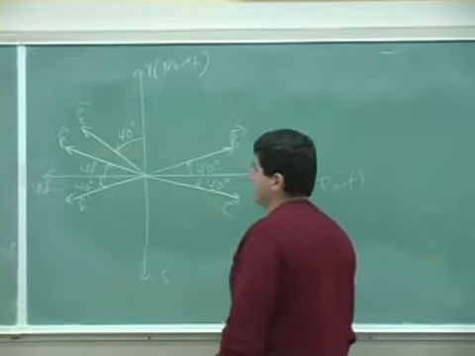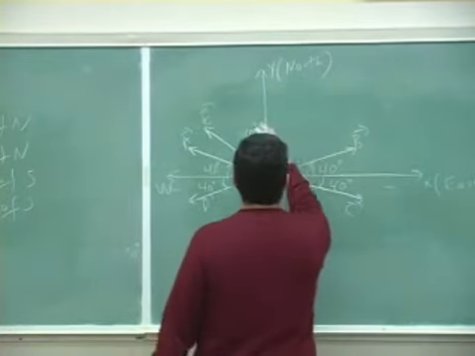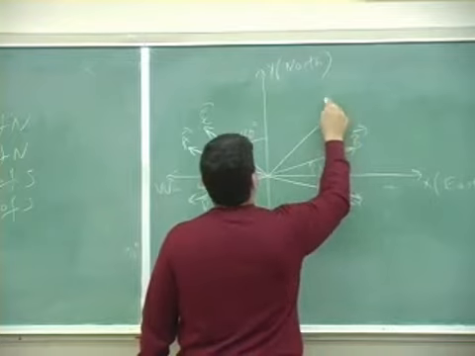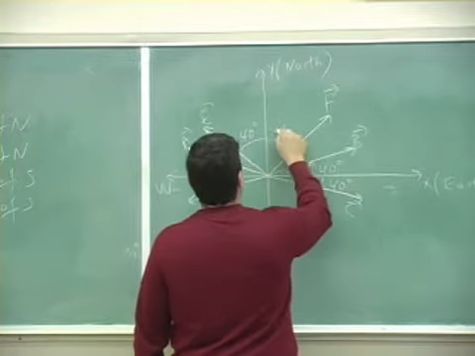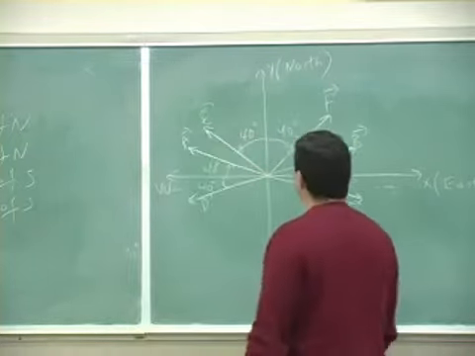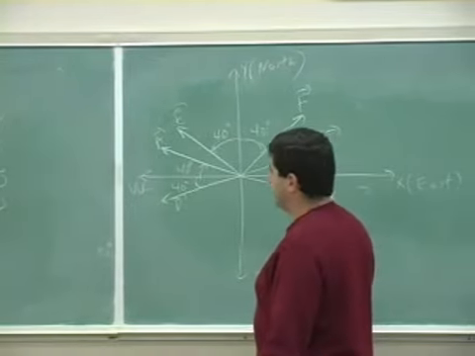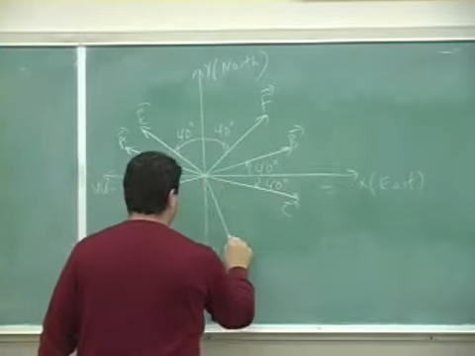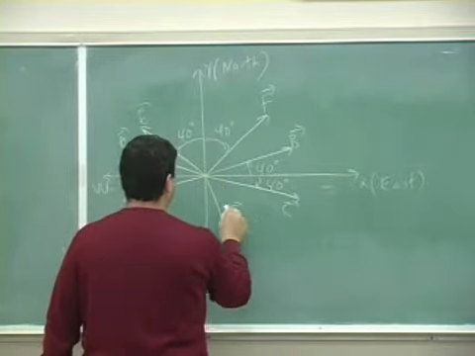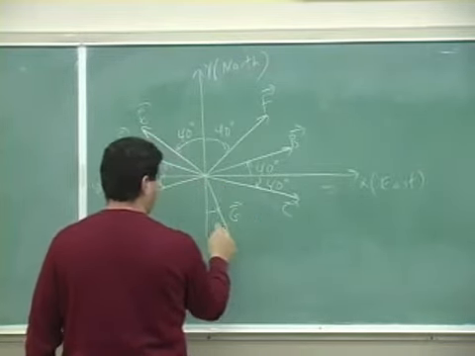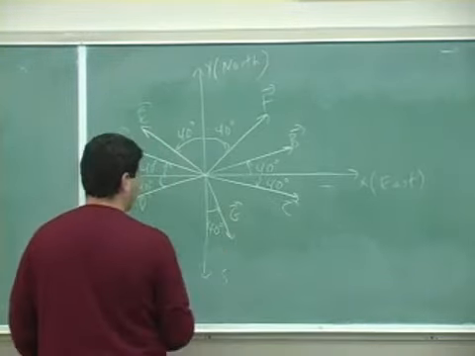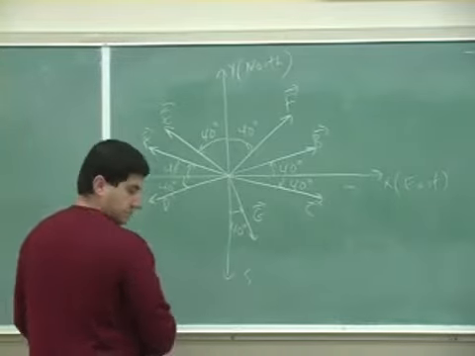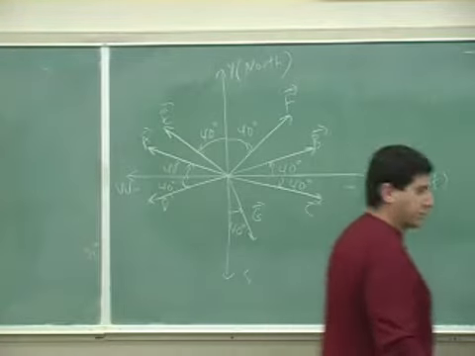And F is 40 degrees east of north. And G is 40 degrees east of south. All right, it should be a little more there. Let me draw that a little bit better.